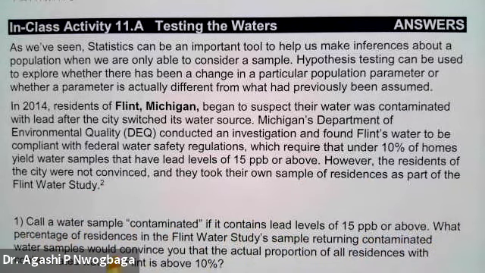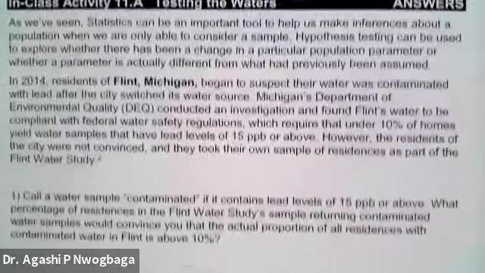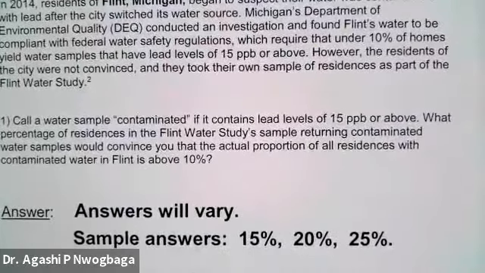What percent of residences in the Flint water study sample returning contaminated water samples would convince you that the actual proportion of all residences with contaminated water in Flint is above 10%? Answers will vary. Possible answers include 15%, 20%, 25%, or anything above 10%.